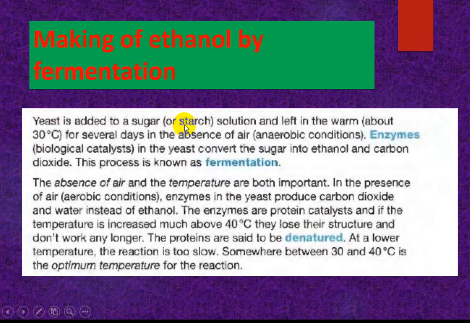Yeast is an enzyme. We leave it in one place at about 30 degrees for several days in the absence of air, in an airtight container. The enzyme, the biological catalyst in the yeast, converts the sugar into ethanol and carbon dioxide. This process is known as fermentation.